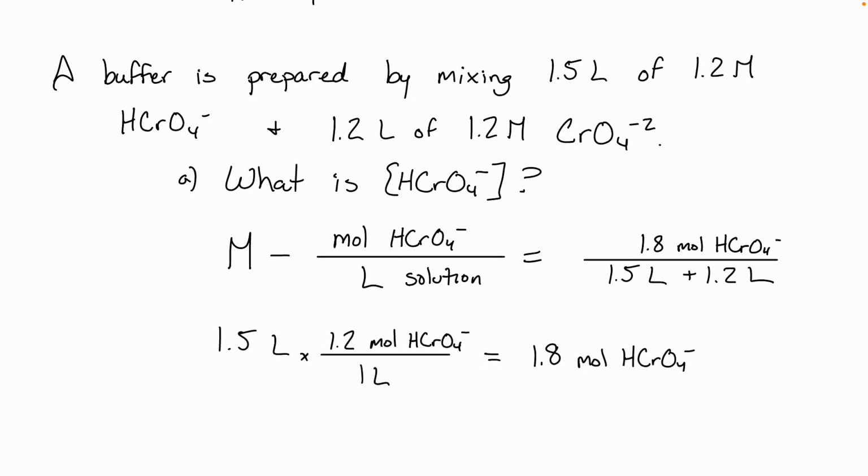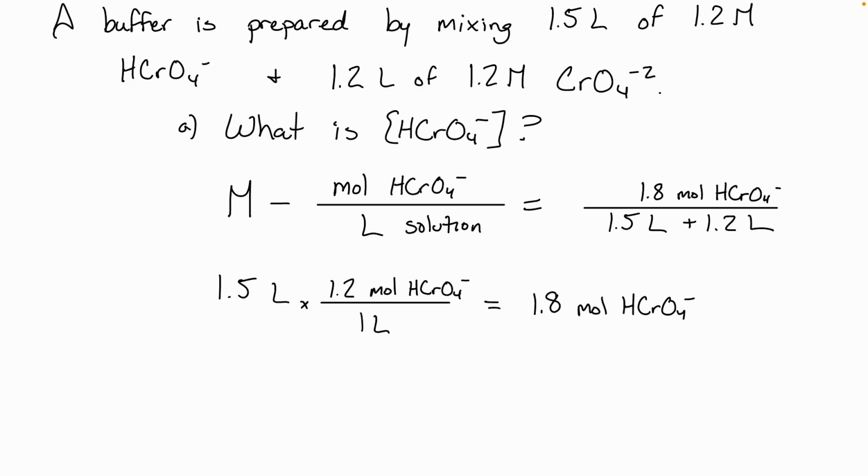So 1.8 divided by my 2.7. My concentration of my weak acid is 2/3, 0.666 repeating.